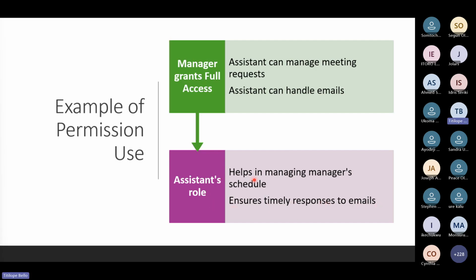But the other one, which is on behalf of, I will see that, oh, assistant sent email on behalf of manager. So that's the way it works. Please, I would like that you remember all of this.